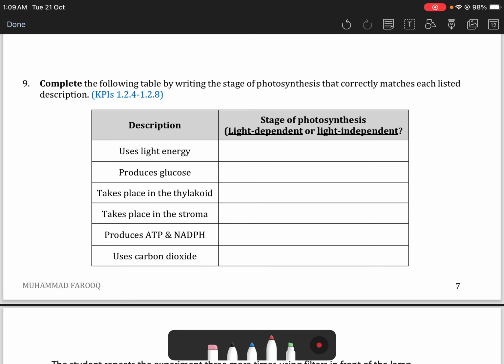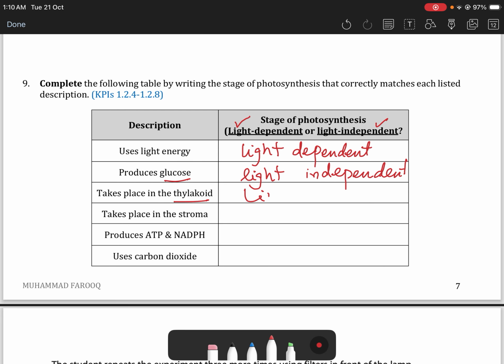Complete the table below writing the stages of photosynthesis if it is light dependent or light independent. Use light energy. Of course, it is light dependent. Produces glucose, Calvin cycle. So light independent. Takes place in the thylakoid, of course, then light dependent.